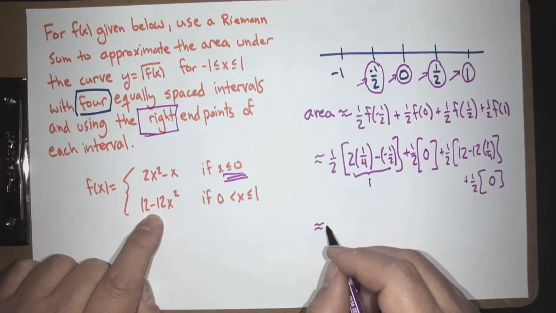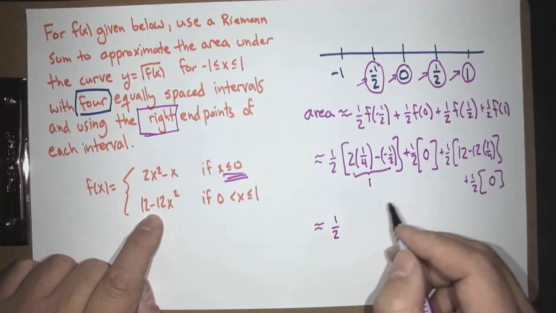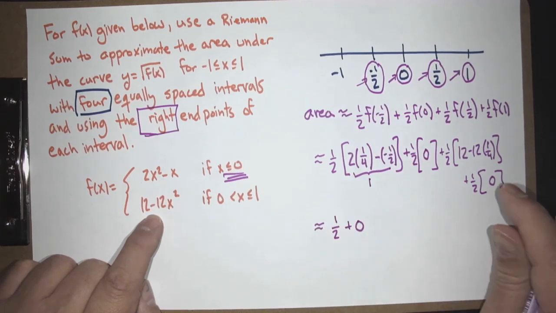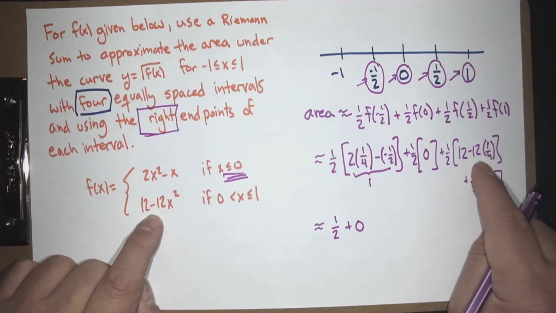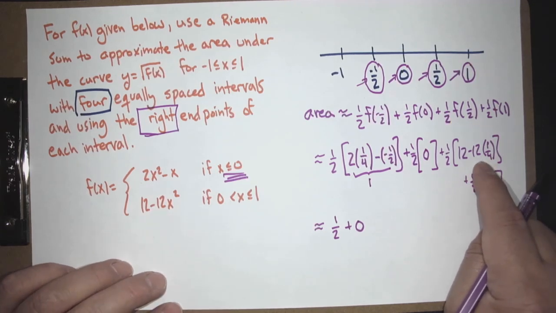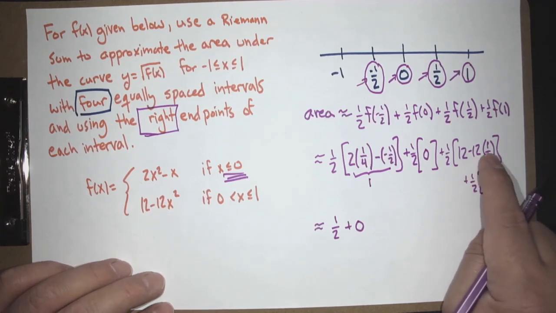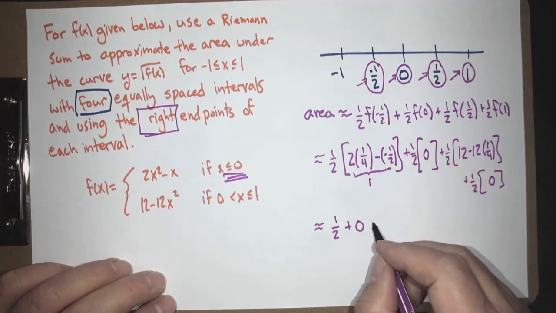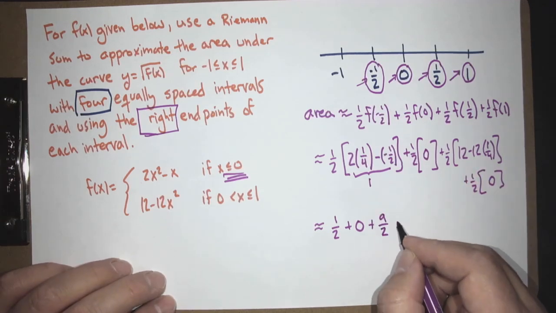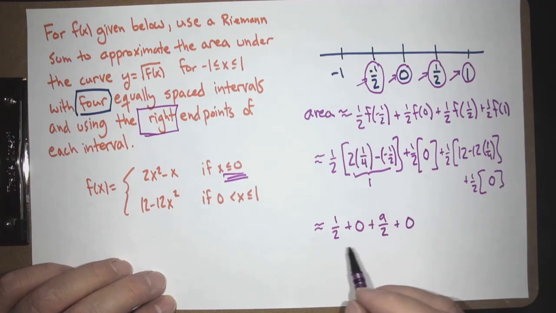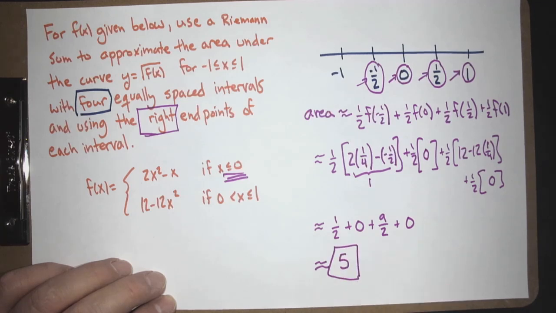So we have 1/2 times 1, which is a half, times 0, which is 0. 12 times a quarter, 3. 12 minus 3, 9. So plus 9 halves plus 0. A half plus 0 plus 9 halves plus 0, also known as 10 halves or 5.